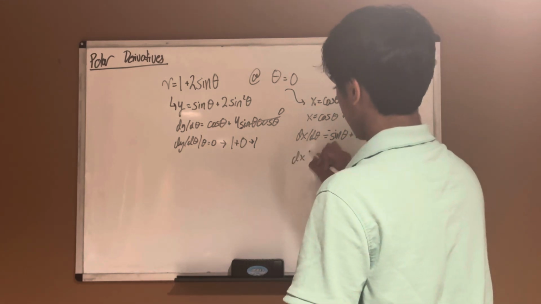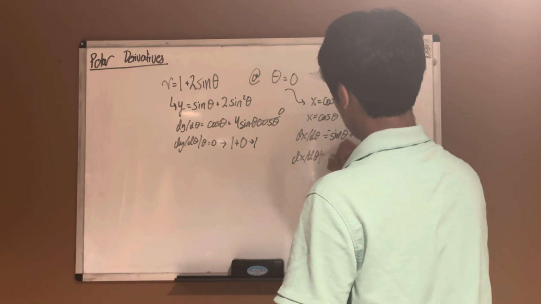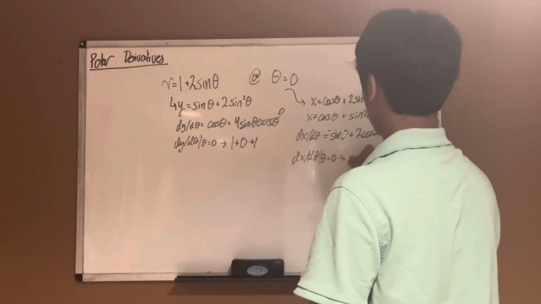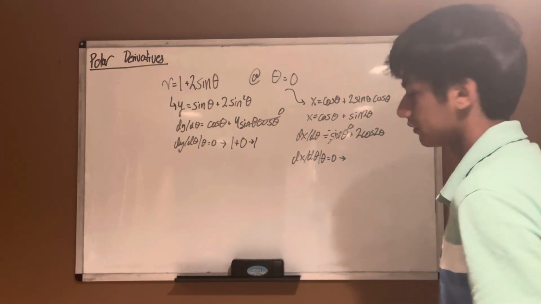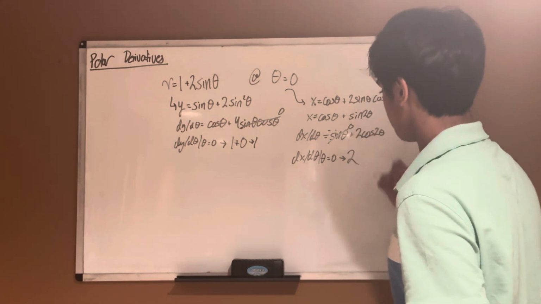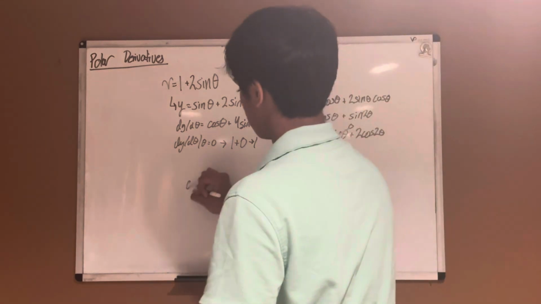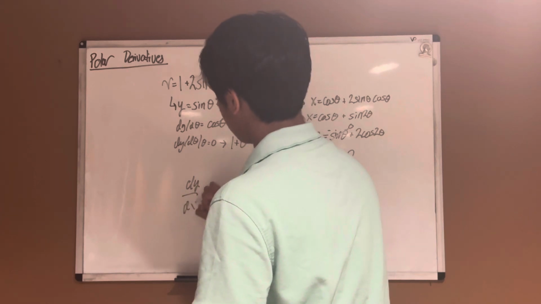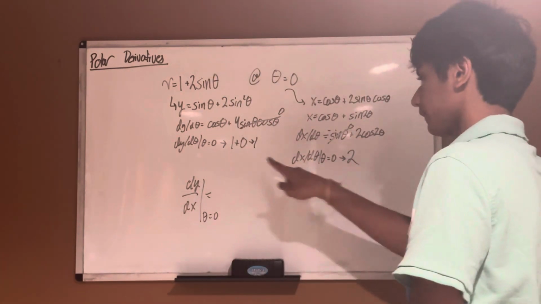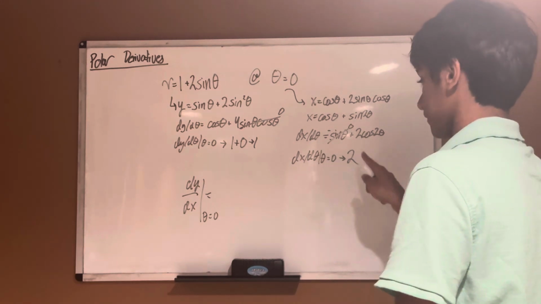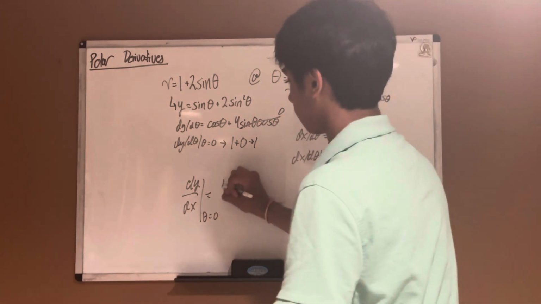Taking it at theta equals 0, the first part becomes 0, and then 2 cosine 0 is equal to 2. Therefore, dy/dx at theta equals 0 is equal to dy/d theta at 0 divided by dx/d theta at 0, or 1/2.